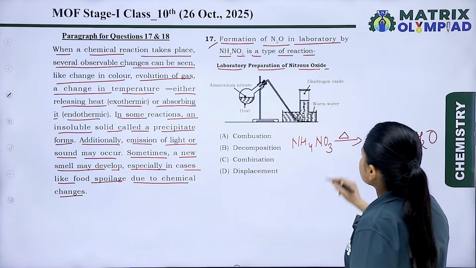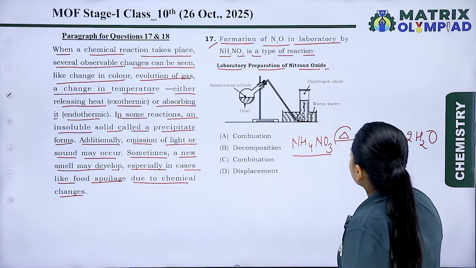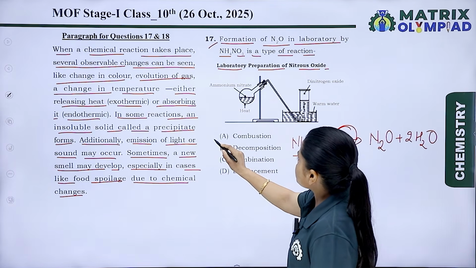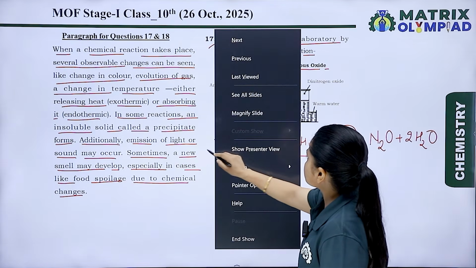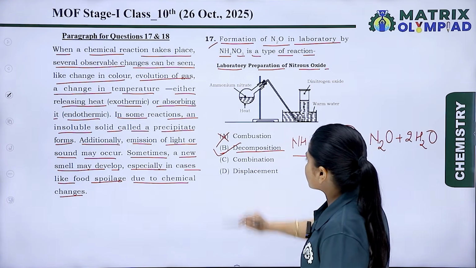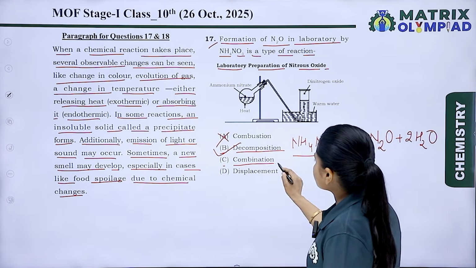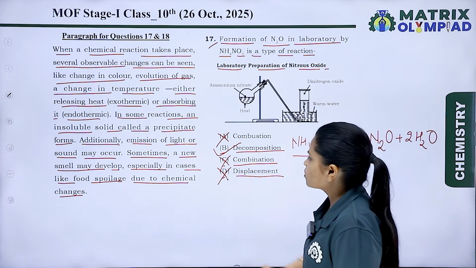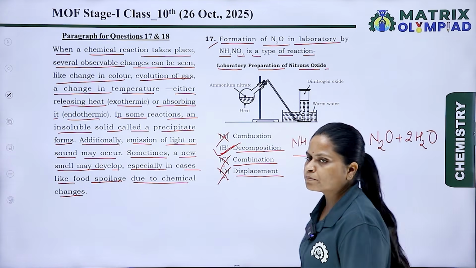This is the thermal decomposition reaction. So option A, combustion, this is wrong. B, decomposition, this is correct. C, combination, this is wrong. D, displacement, this is again wrong. So the correct option is B.